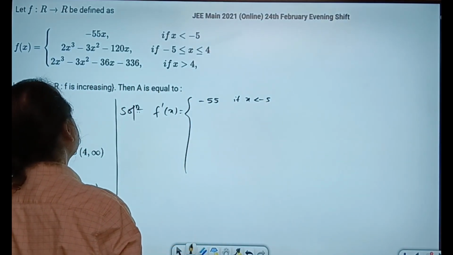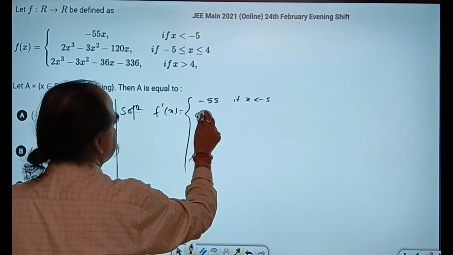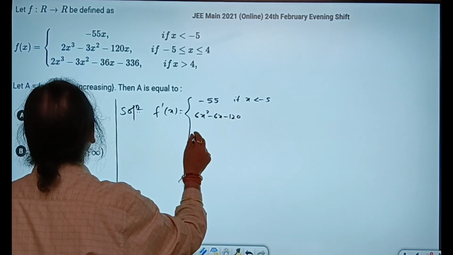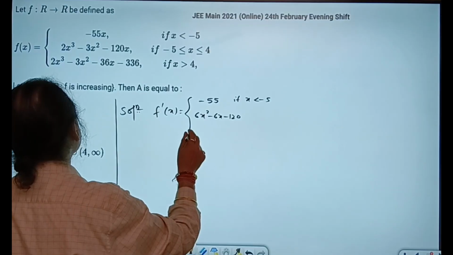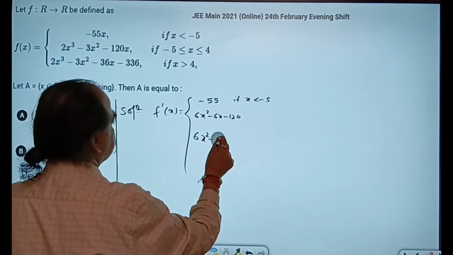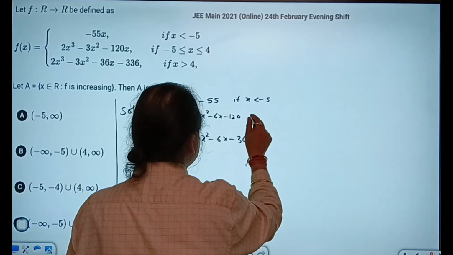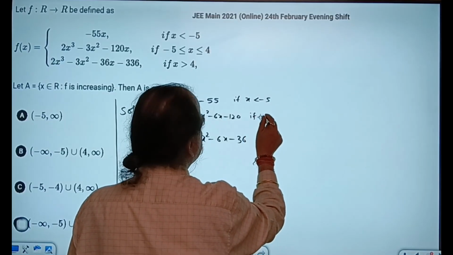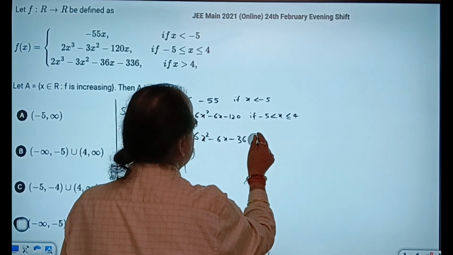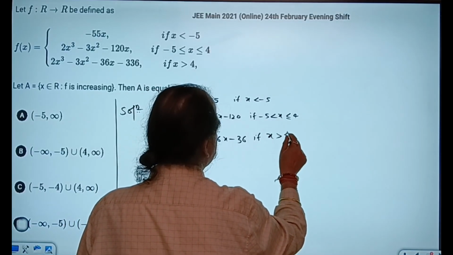It is what? 6x squared minus 6x minus 120 if minus 5 is less than x less than or equal to 4. And 6x cubed minus 6x squared minus 6x minus 36 if x greater than 4.